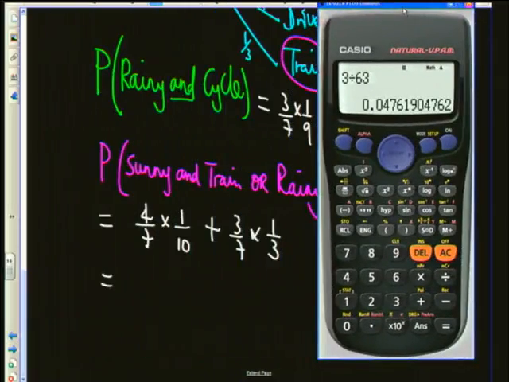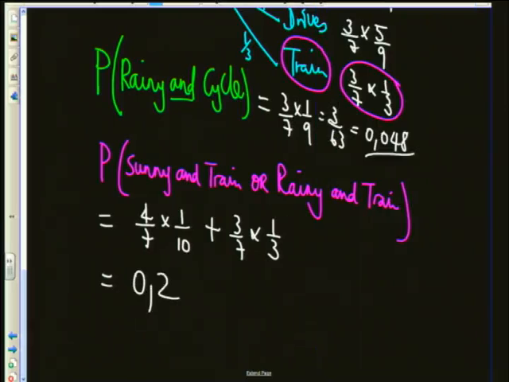If we just work it out, 4 divided by 70 plus 3 divided by 21. So that probability is a fifth. So it's 0,2 probability of just riding that train, but it doesn't matter what the day is.